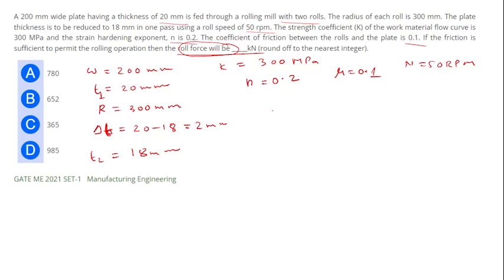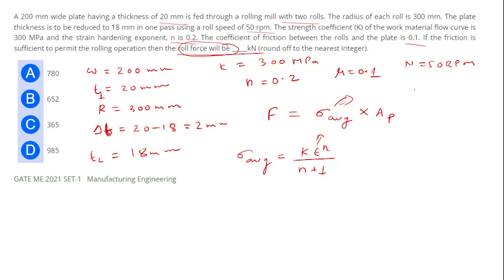So what is the formula for roll force? That is sigma average into projected area. What is the formula for sigma average? Does anyone remember? Yeah, K epsilon^n by 1 plus n. So for this you have to calculate epsilon also.